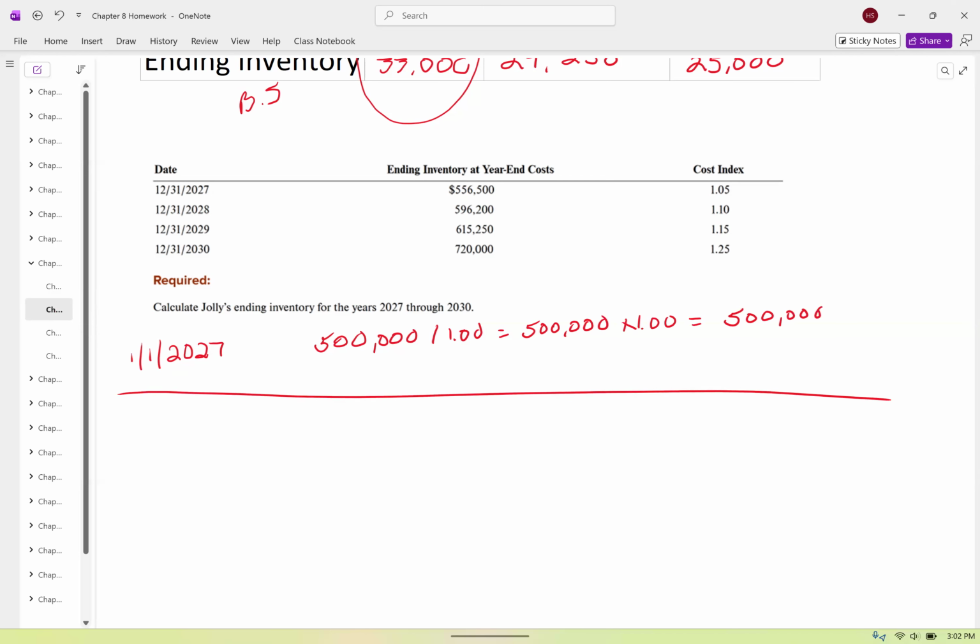All right. So we're going to come down to the end of this year, 12/31, 2027. We're going to take the 556,500, and the cost index for that year is 1.05. Looks like we had like 5% inflation. Looks like 5% every single year. We're going to divide that by 1.05. We're going to get this in a base number.